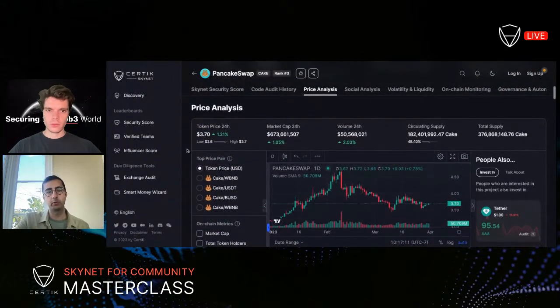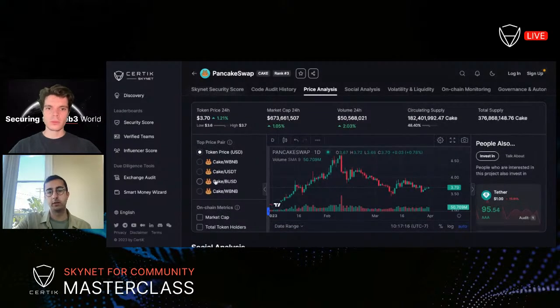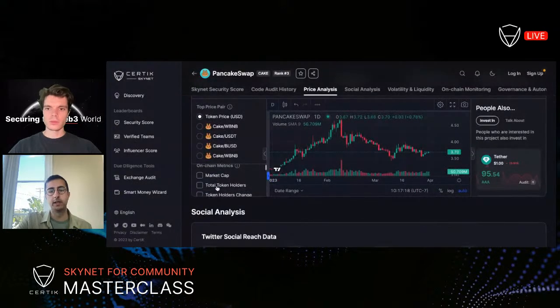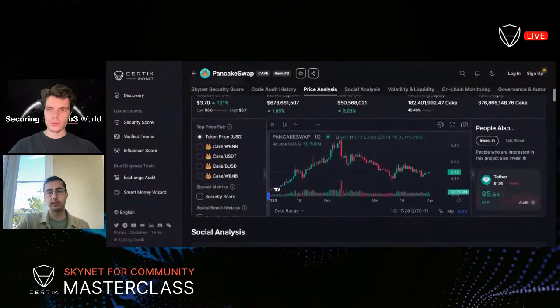This is a pretty advanced version of TradingView embedded with some unique CertiK data. For example, you're able to chart things such as unique token transfers, number of unique active users, security score, overlay that with price, and then analyze how that changes over time.